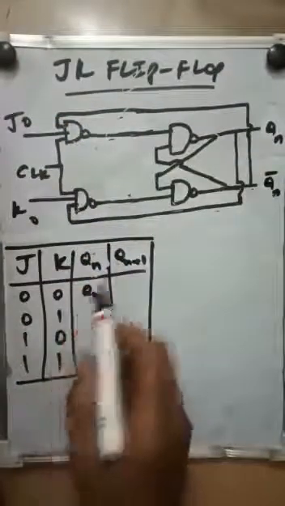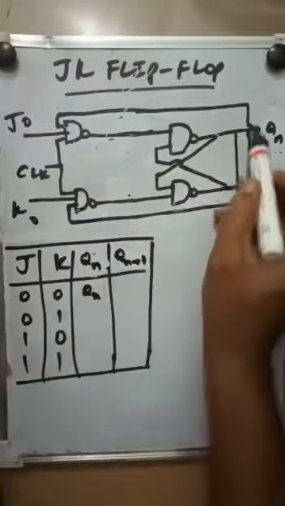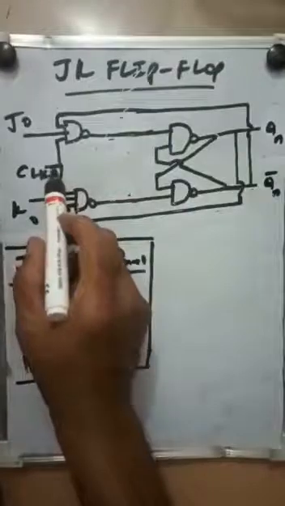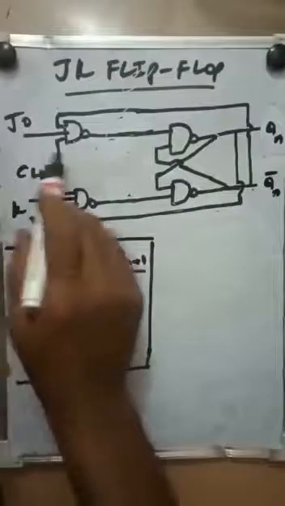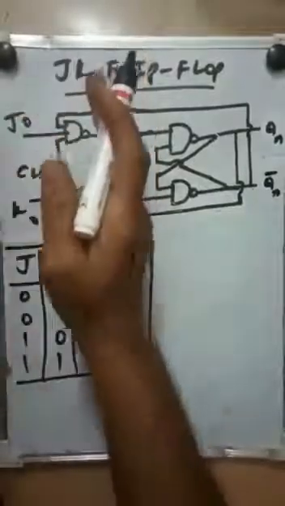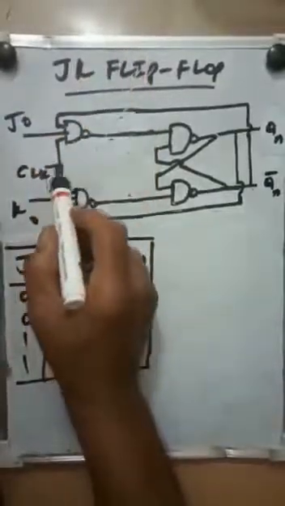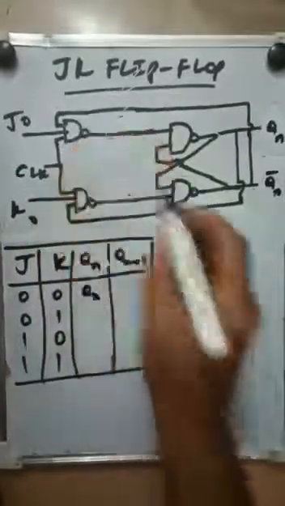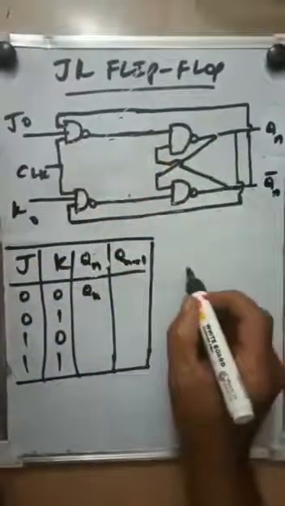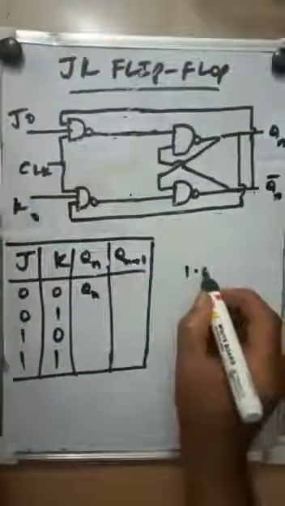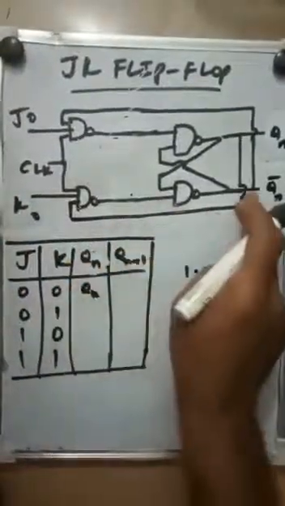Next, QN bar is connected to this, and the clock is always 1. The inputs are propagated only when the clock is 1; otherwise they won't propagate. So the clock is always high. The output of the top NAND gate is the NAND of clock 1, J which is 0, and QN bar.